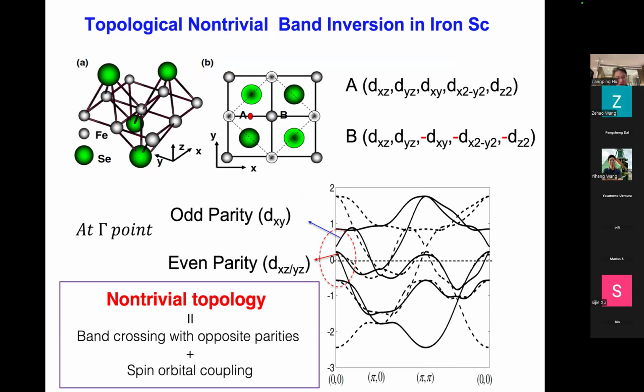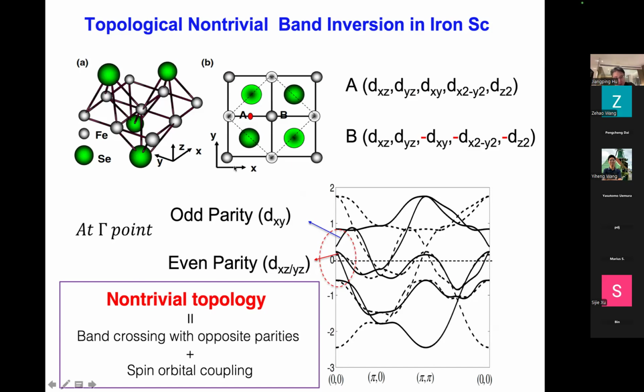In the iron-based superconductors, it's actually very easy to look at these complicated band structures. We focus on the gamma point, where you can see the five d orbitals, so you have these five bands. To look for potential non-trivial topological properties is actually pretty simple: at the gamma point, you look at the band parity characters.